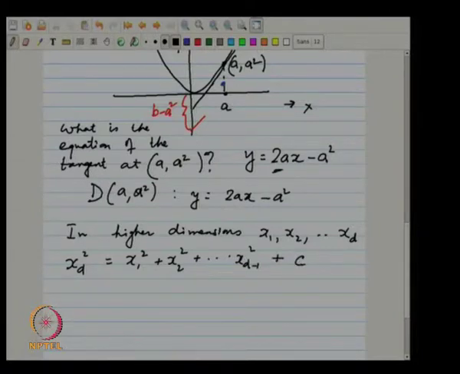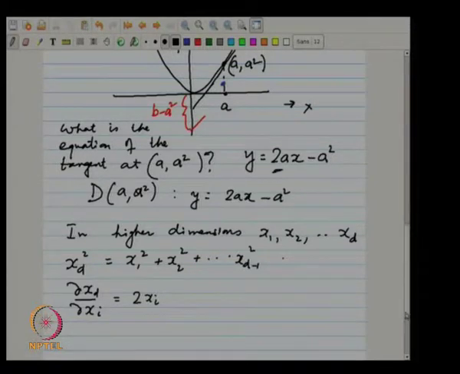again some constant. Let me not use the shifted parabola, just the parabola y equal to x square. So, then if you again look at the slopes, you take the partial derivatives with respect to all the coordinates, right. So, del x d by del x i is 2 x i, right.